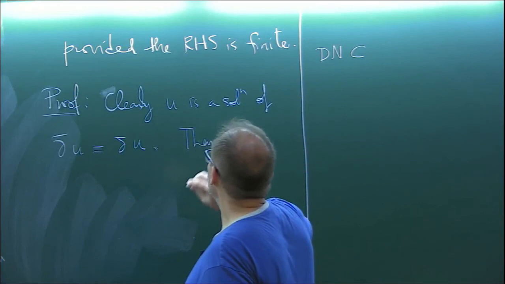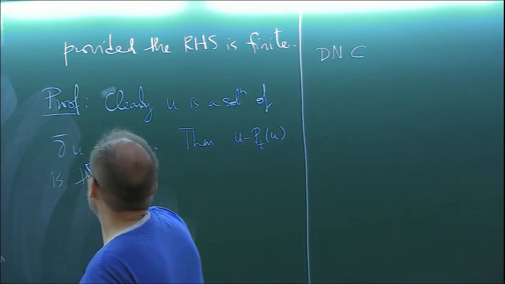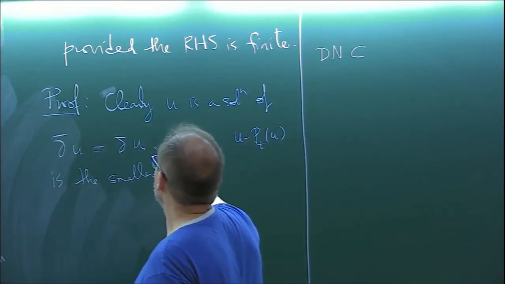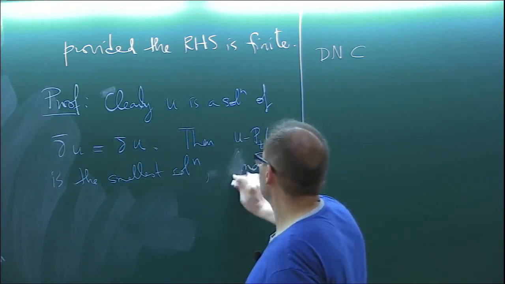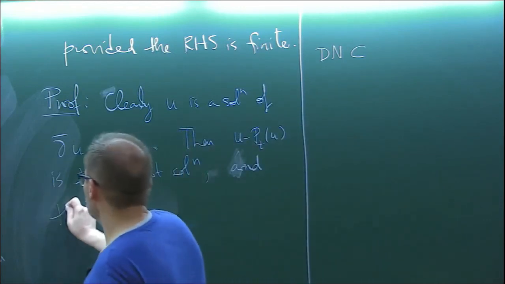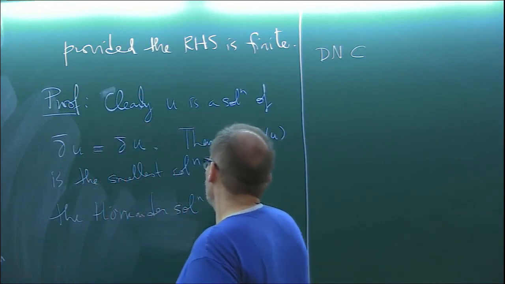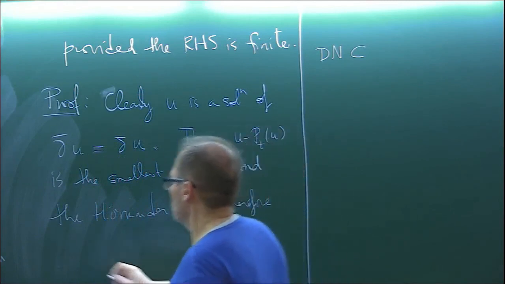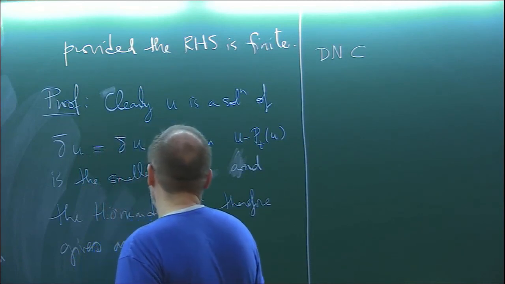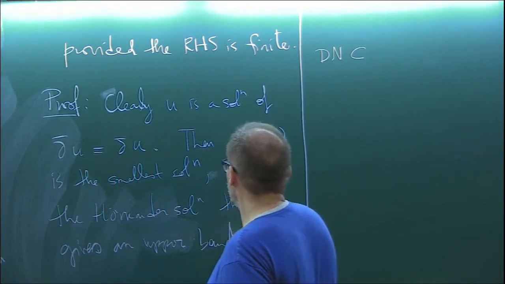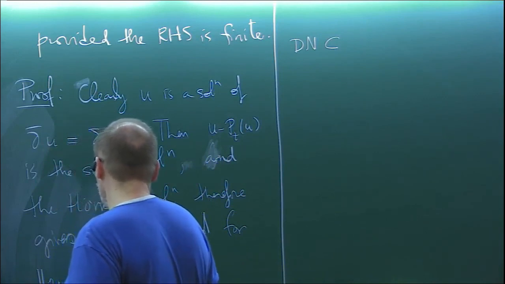Then u minus P_t of u is the smallest solution with respect to our norm, and the Hörmander solution therefore gives an upper bound for the norm of u minus P_t u.